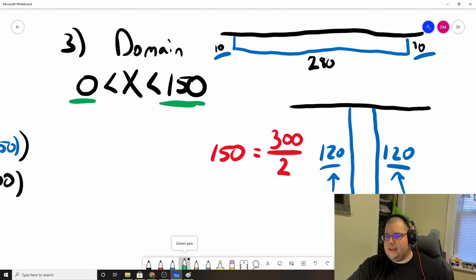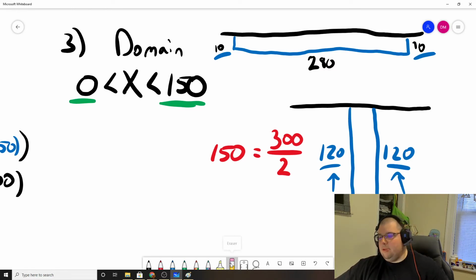So that's why I did it as a half. Potentially, if you were using 3 x's somehow and making some sort of weird triangle, you might want to divide by 3, but in this case it's 2 again, 1 for each side. So there's the reasonable domain for this particular problem.